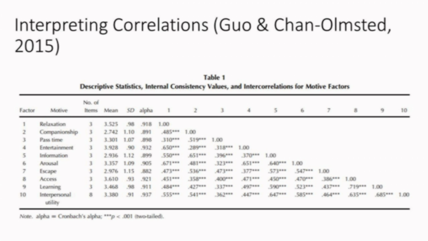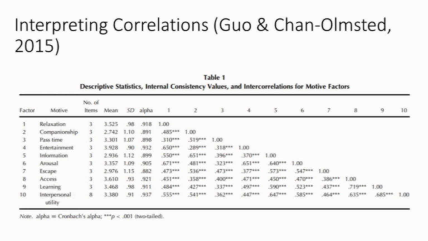This is a list of motives to do something using social media: relaxation, companionship, pass the time, entertainment, information, arousal, escape, access, learning, interpersonal utility, etc. Each of our variables is listed under motive. The number of items we see in that column means each was measured with 3 statements. So 3 statements about relaxation, 3 statements about passing the time, etc.